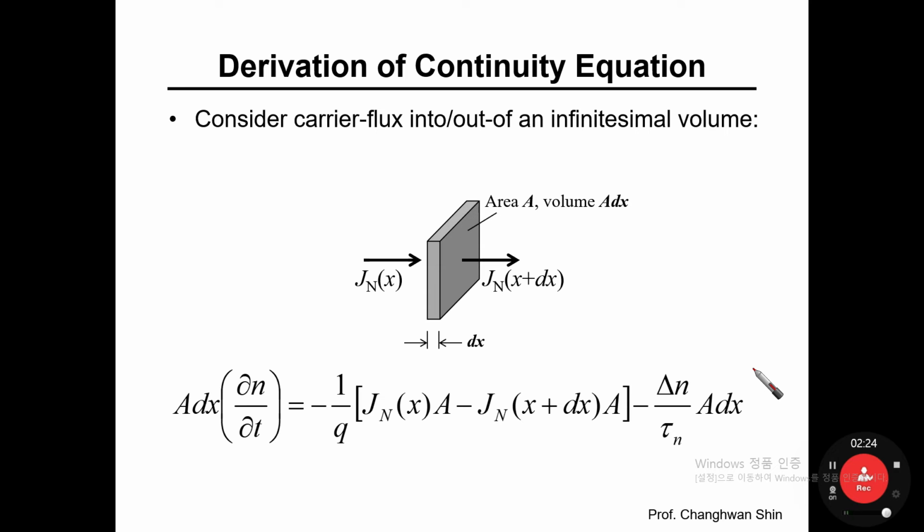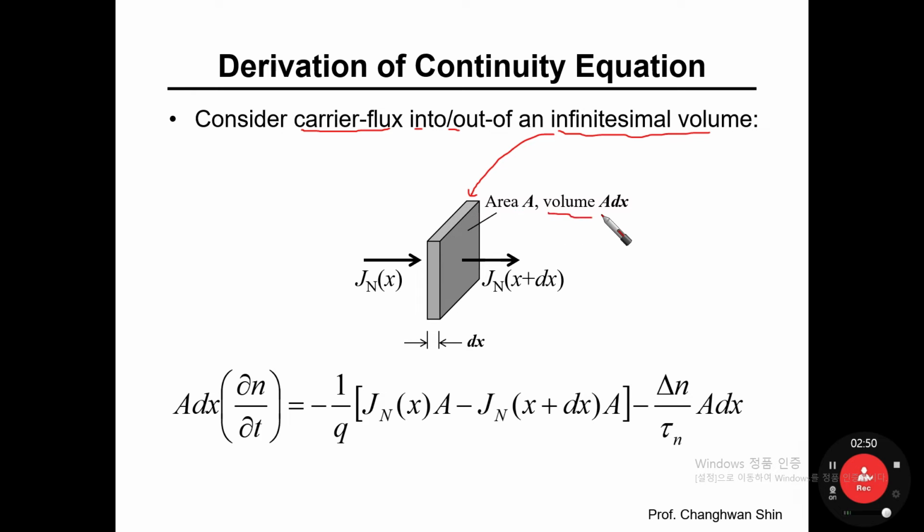Okay, so let's take a look at this slide. Derivation of a continuity equation. I'm briefly telling you how to derive the continuity equation. Let's consider a carrier flux in and out of an infinitesimal volume as drawn here, a very small volume.